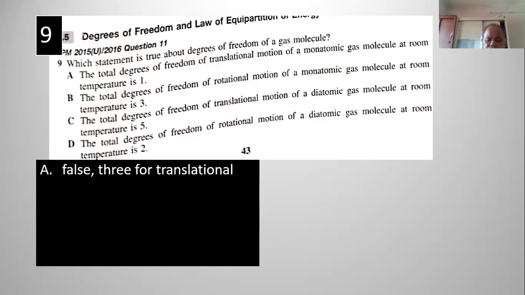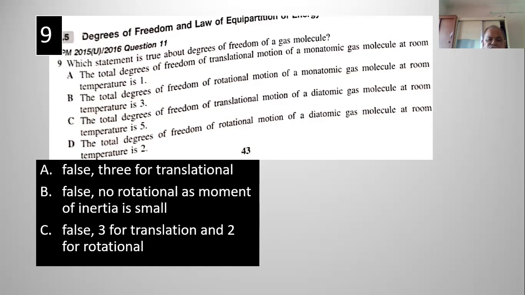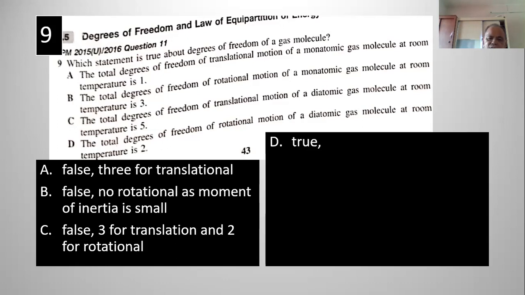False. Total degrees of freedom of translation of a diatomic gas molecule at room temperature is 5. No, you want translational only. Total is 5, correct, but you want translation only, 3, so false. Total degrees of freedom of rotational motion of a diatomic molecule at room temperature is 2, correct? The answer is D.